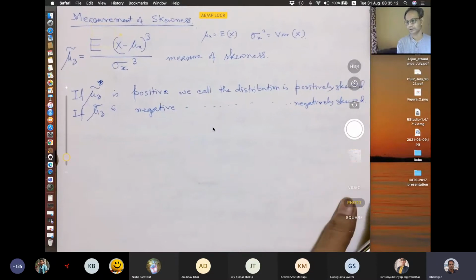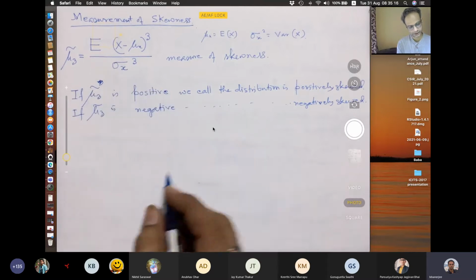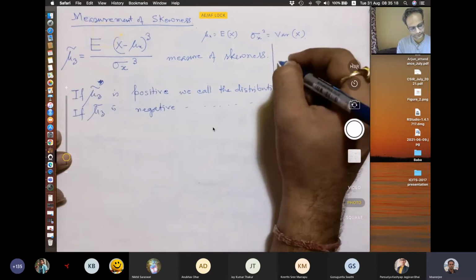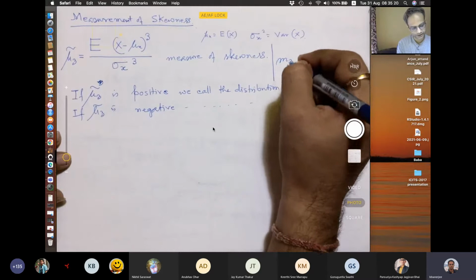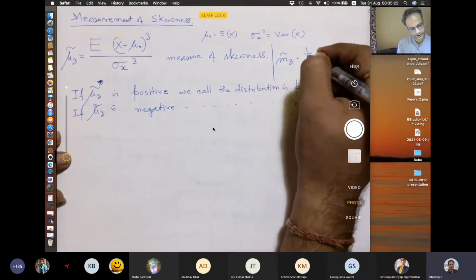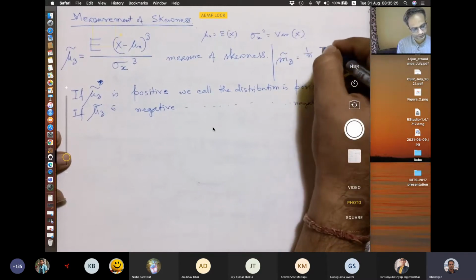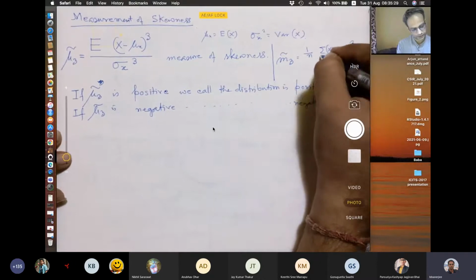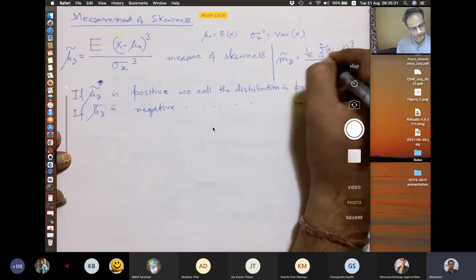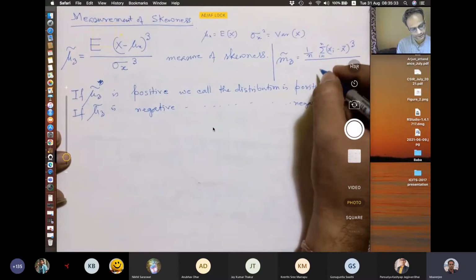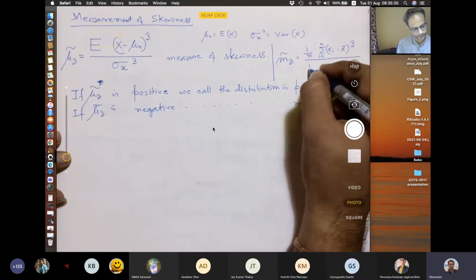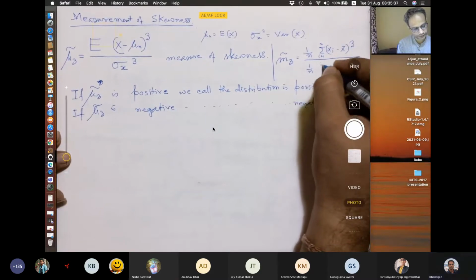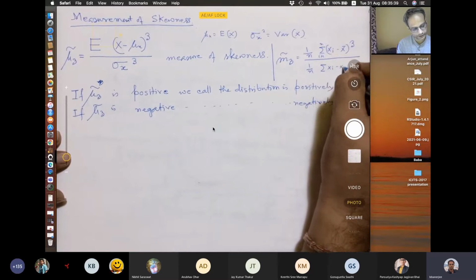Okay, so as simple as that, this is the measurement, and you can use the data counterpart in this way. Say m3 tilde is 1 by n sum over xi minus x bar whole cube, i running from 1 to n, divided by 1 by n sum over xi minus x bar whole square.